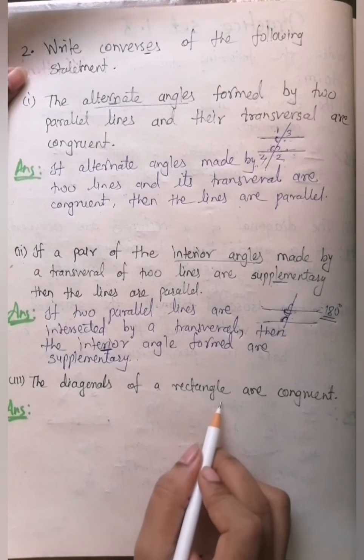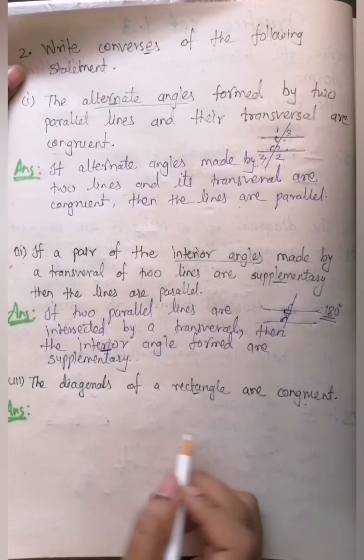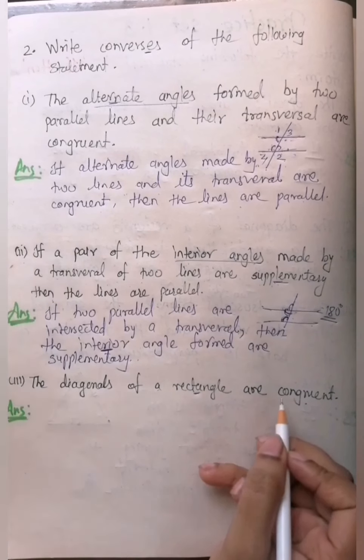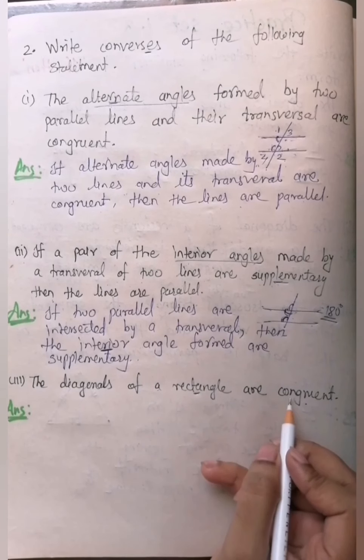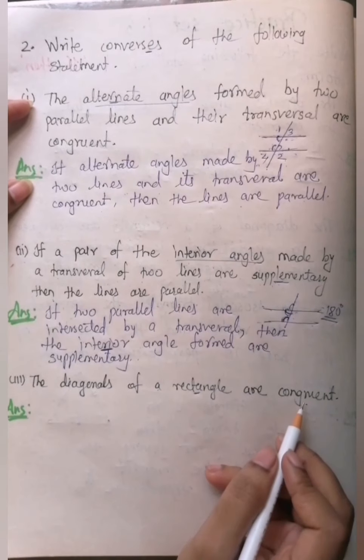The diagonals of a rectangle are congruent. Rectangle means it's a quadrilateral, and its diagonals are congruent with each other.